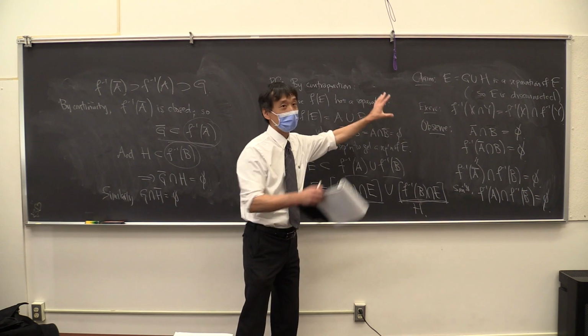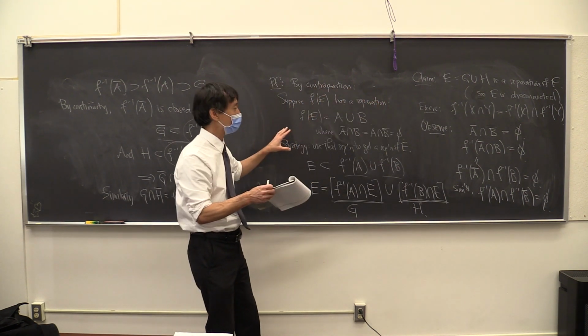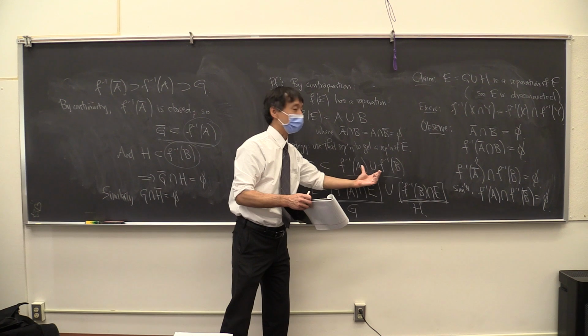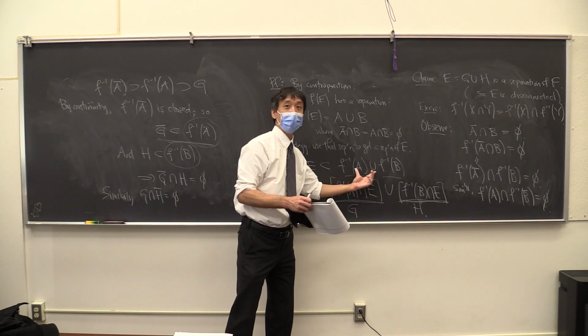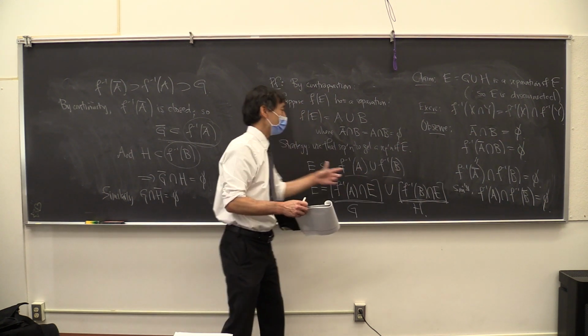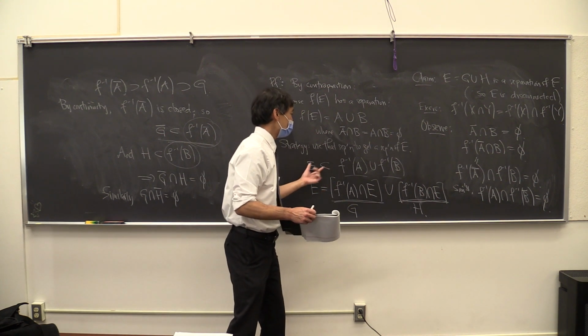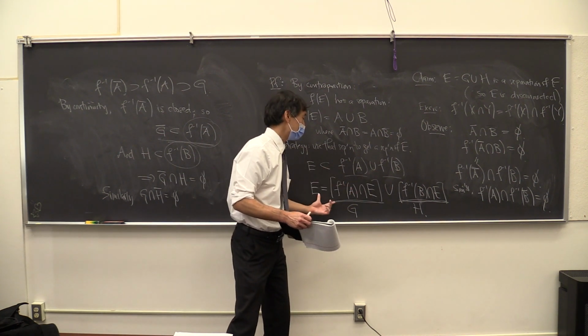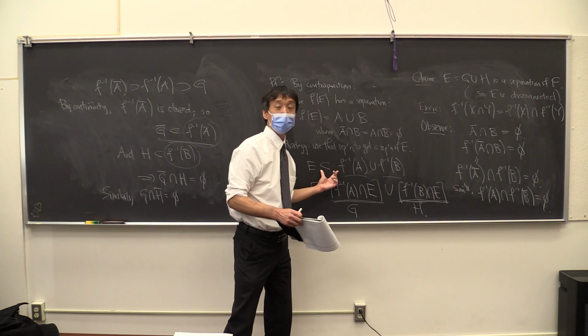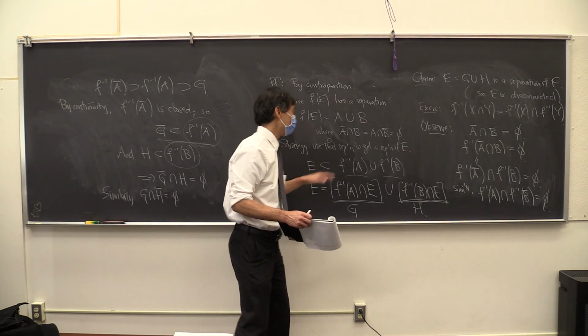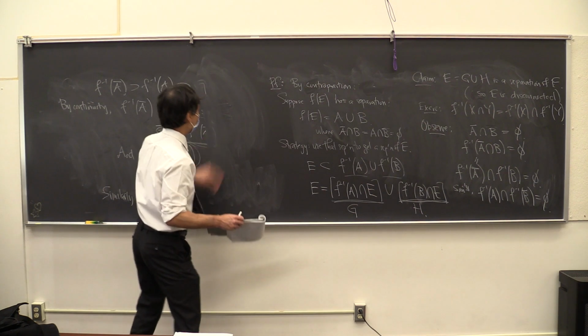The separation of the image you pull backwards through the continuous function, and that basically gives you a separation of the original. It's not exactly right because this is contained in here. It's not actually equal to the set. So you have to be a little bit careful. But that's basically the idea.